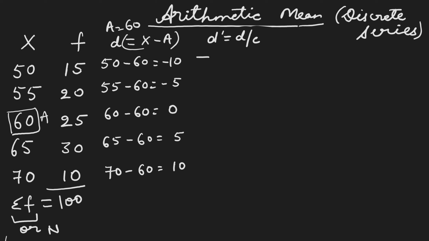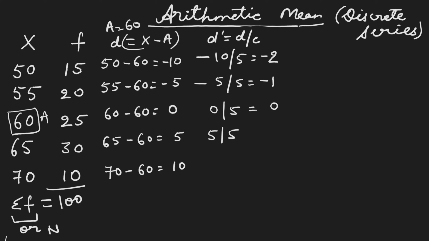Minus 10 divided by 5 is equal to minus 2. Minus 5 divided by 5 is equal to minus 1. Then 0 divided by 5 is equal to 0, because whenever we divide 0 by any number, we get 0. Then 5 divided by 5 is equal to 1. 10 divided by 5 is equal to 2.